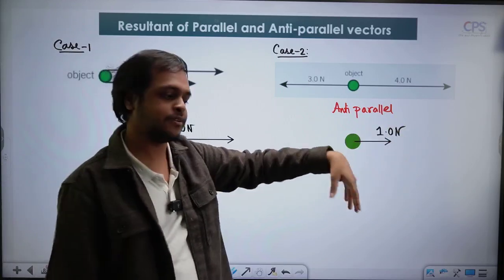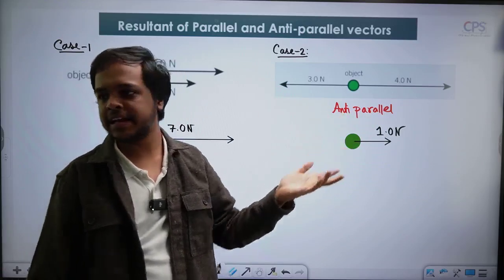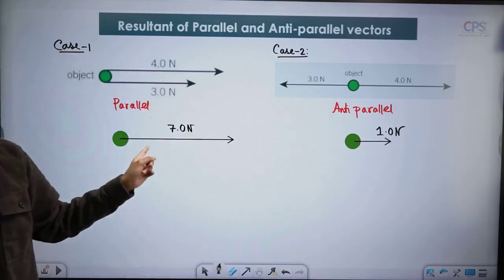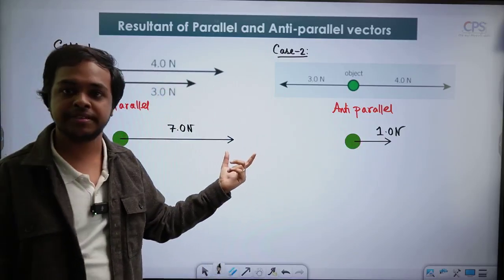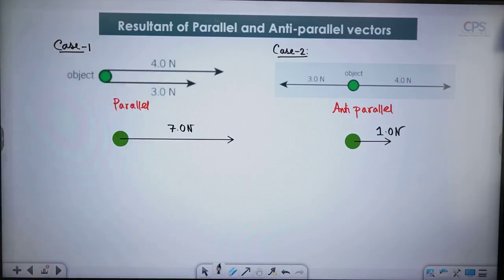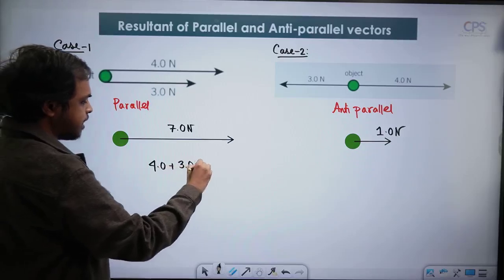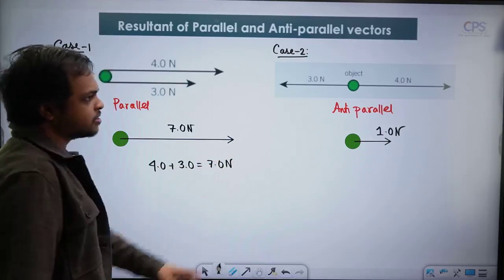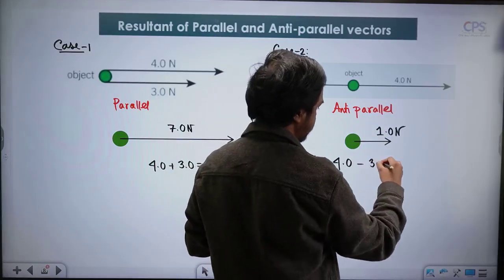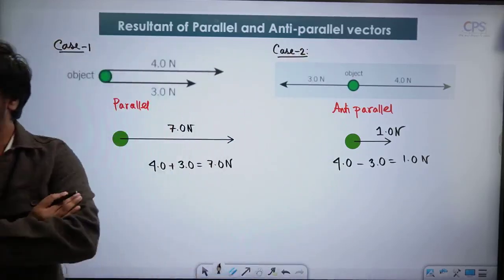Physics just clarifies or explains what is happening in nature. So it will be done naturally. Physics will just explain the theory or the science behind it. What is the science? See, the science is that you can add up 4 plus 3, right? And it has added up to 7 Newton. What is the science here? You can subtract 3 from 4 and it will be 1 Newton. See, it's done. So how did we do it?